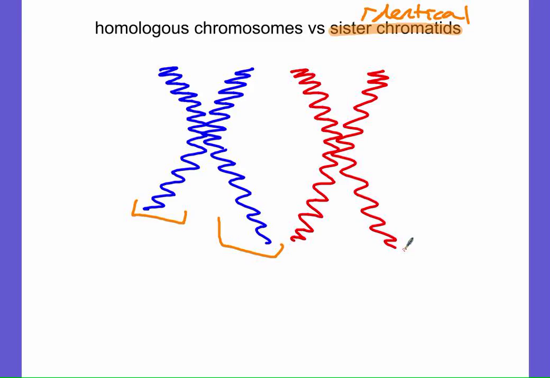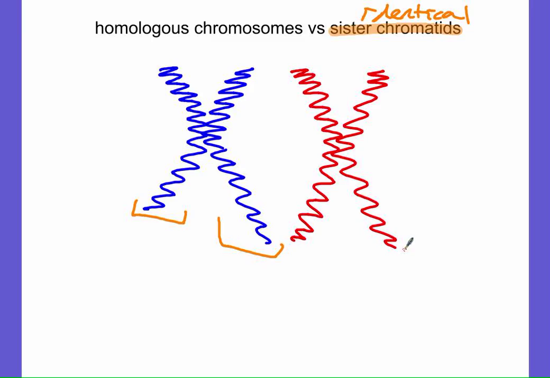2 chromosomes. These homologous chromosomes have the same genes on them, although they will not be identical. They likely have different versions of that same gene. So one might say blue eyes, the other one says brown eyes. This one might say that you're going to have curly hair. This one says you have straight hair. Because ultimately, all of those different traits come down to proteins.